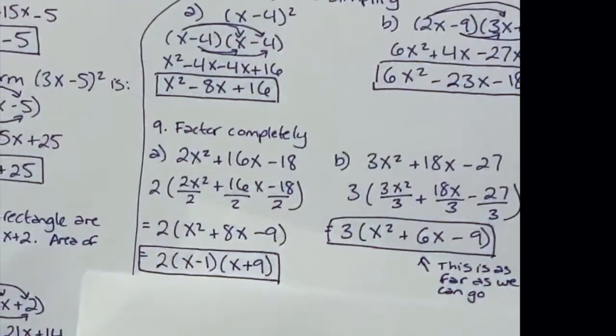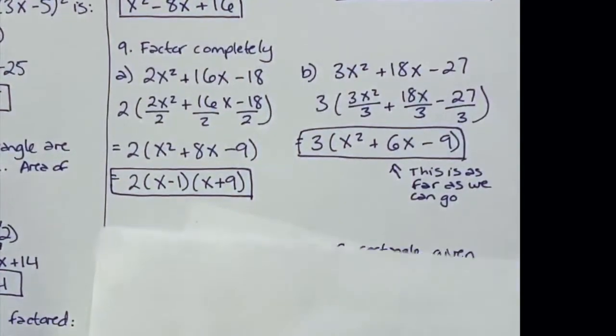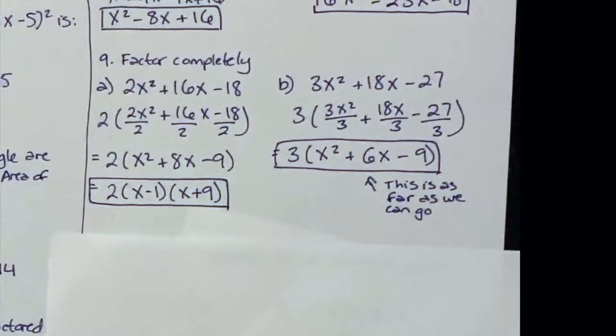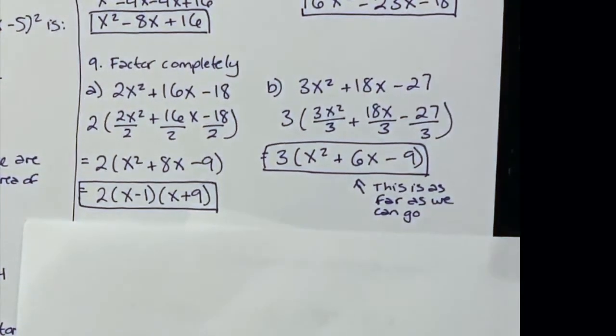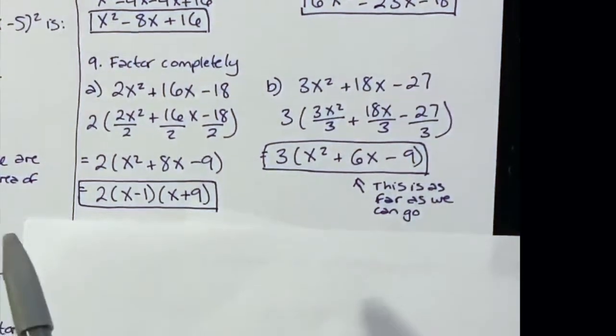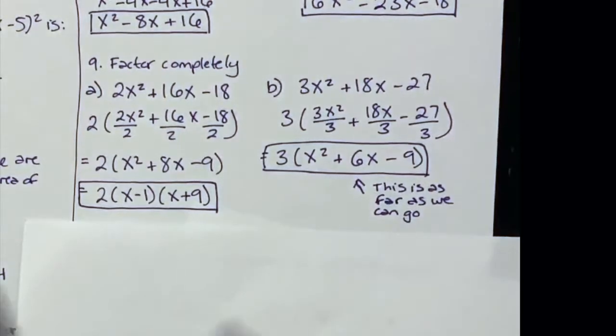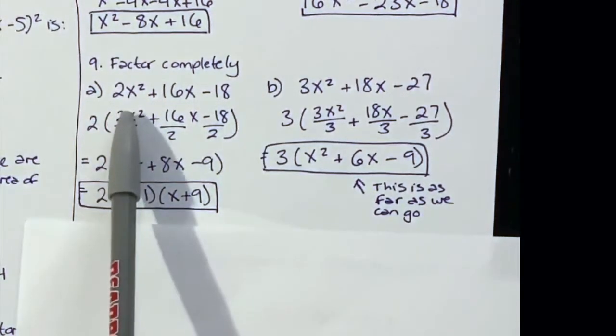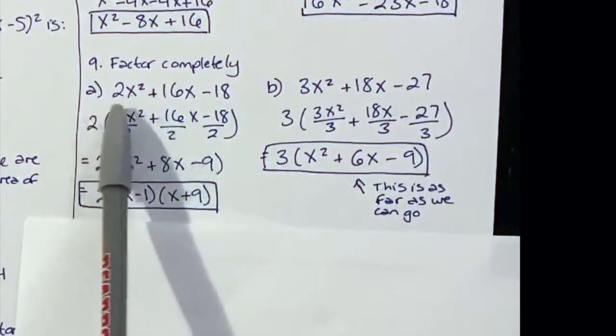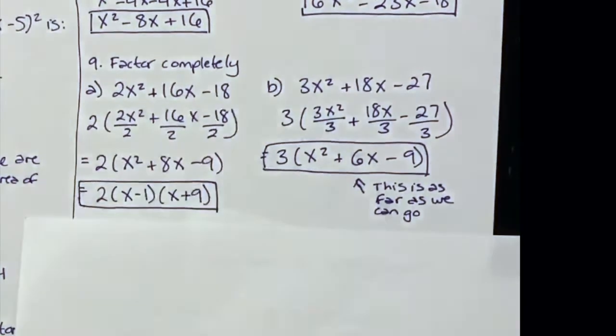Okay, number 9, factor these completely. So to factor them completely, we'll look at the first one. So this is similar to question 4, factor completely. So we want to look at this trinomial here and say, what is the greatest common factor?